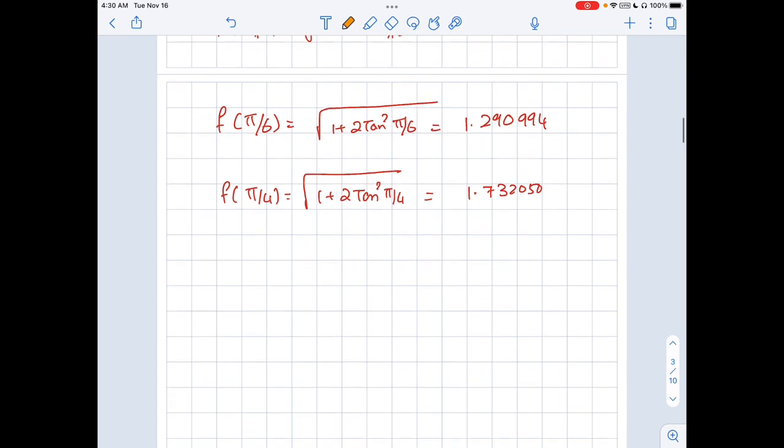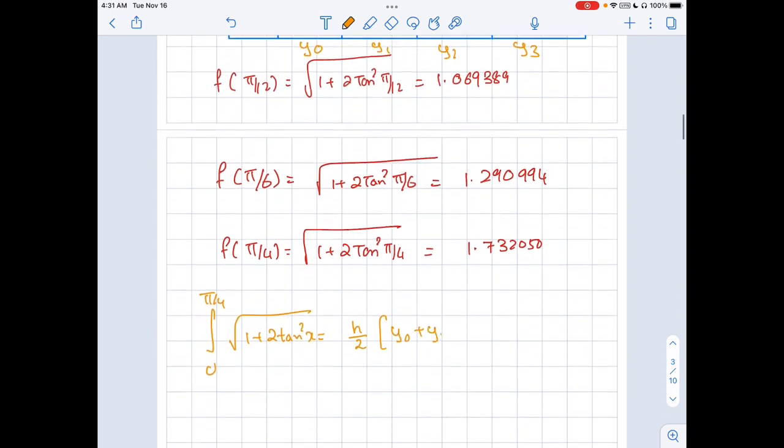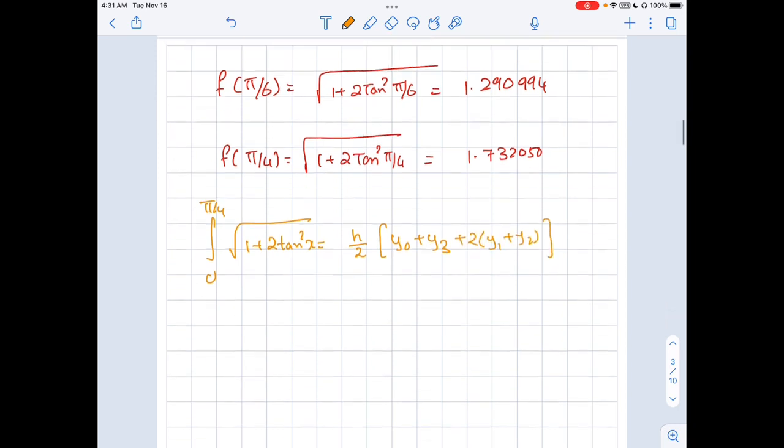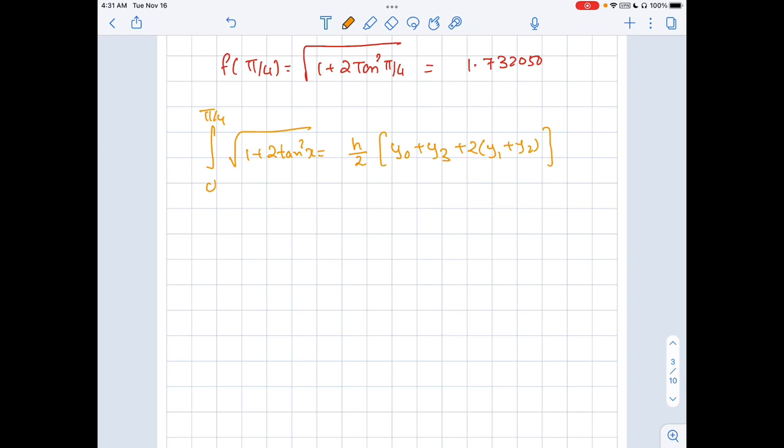So the area, the integral from 0 to pi upon 4 of the square root of 1 plus 2 tan squared x, will be h upon 2 times the first term plus the last term, y0 plus y3, plus twice the sum of the remaining terms, y1 plus y2.